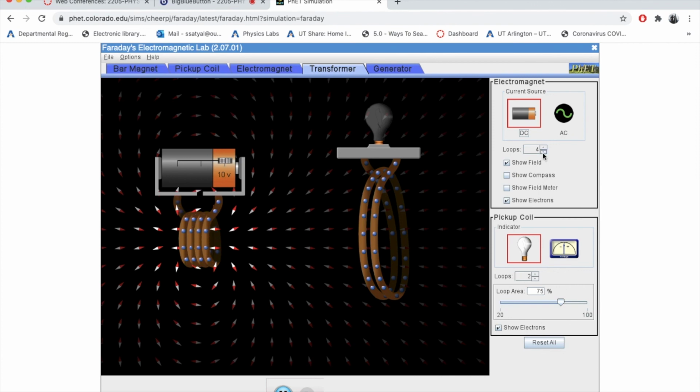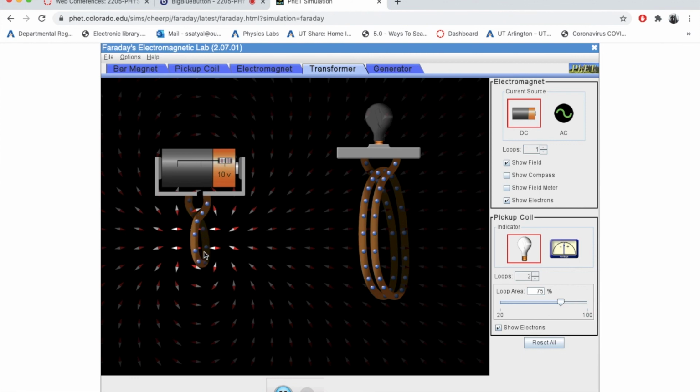Just one loop is easier to see, and I've simply connected this to a battery. Now this is my electromagnet. The current carrying wire produces a magnetic field around it. If it's a loop, magnetic field lines look like this, as shown here.